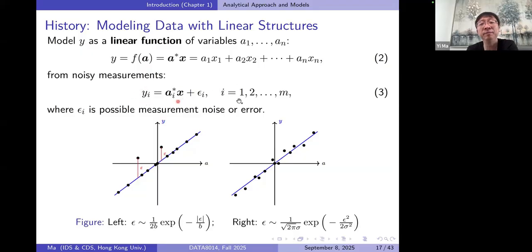Satisfying those equations. Of course, the measurements Yi in reality are not going to be very precise. They could be corrupted by small noise, or even by some sparse outliers once in a while. Most of the time it may be clean, but once in a while Yi gets corrupted. These are the two typical kinds of corruption: dense noise or sparse errors.